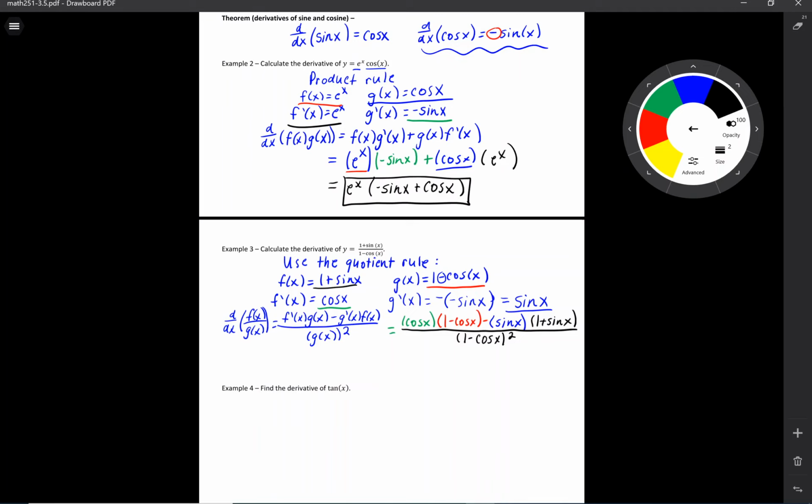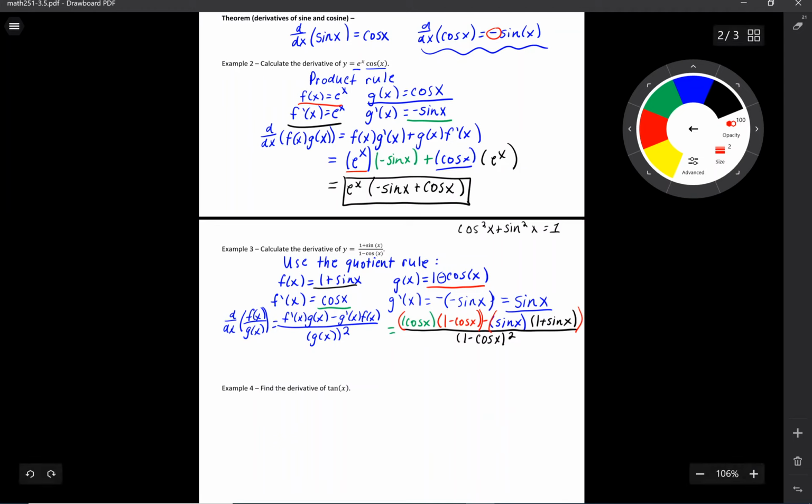Remember, we have the identity cosine squared x plus sine squared x is equal to 1, and I see that that might come into play here. So I am going to multiply both of these terms out to see if I have this cancellation going on.